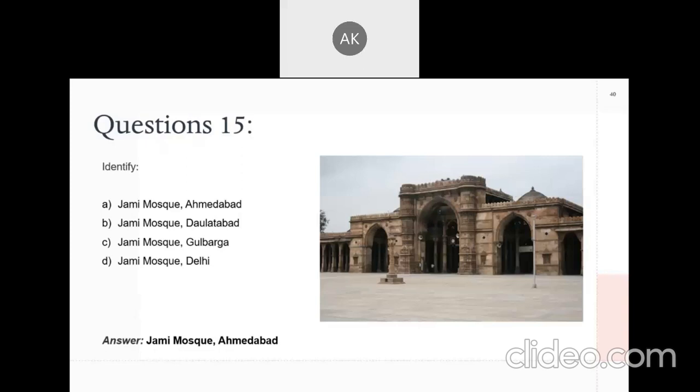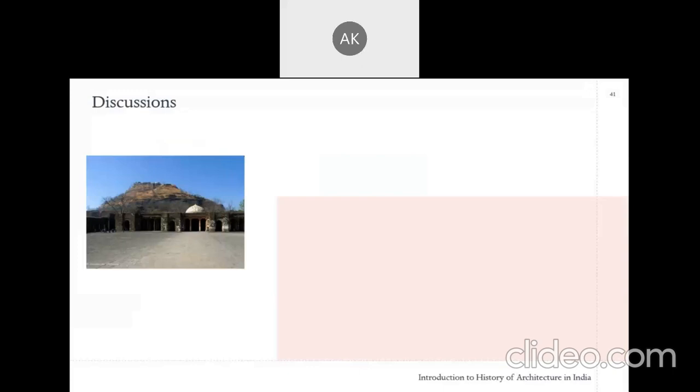There are three other Jami mosques from Daulatabad, Gulbarga, and Delhi. So let's identify this one. Is the first picture the mosque of Daulatabad, Gulbarga or Delhi? We studied this in some previous verbal questions: the Jami Mosque of Daulatabad is now known as Bharat Mata Mandir, and the statue of Bharat Mata is housed in one section of the Jami Mosque.